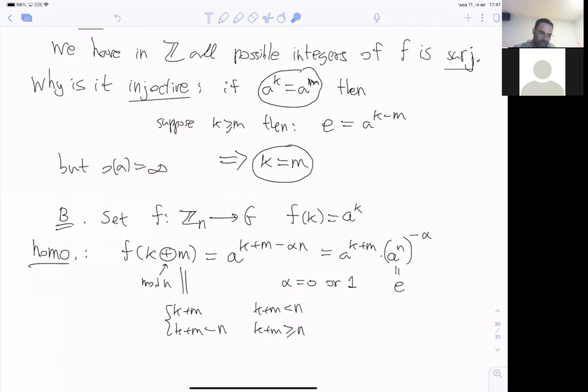So we're going to show that later. So now you have to believe me that this whole thing is E. So it is homomorphism.